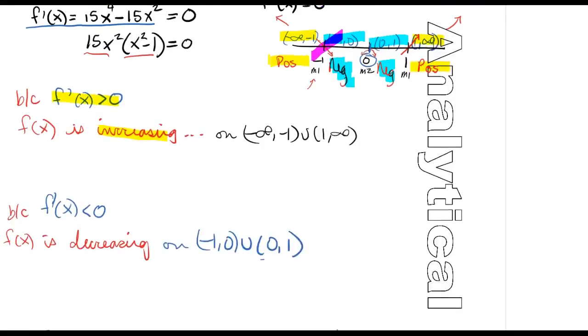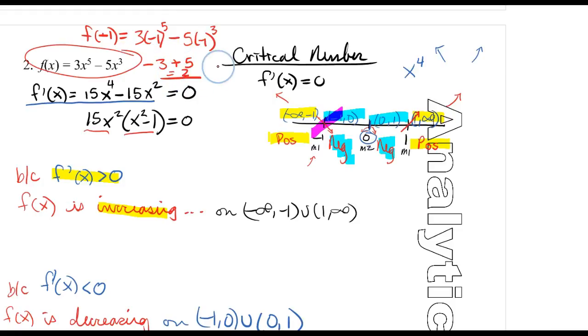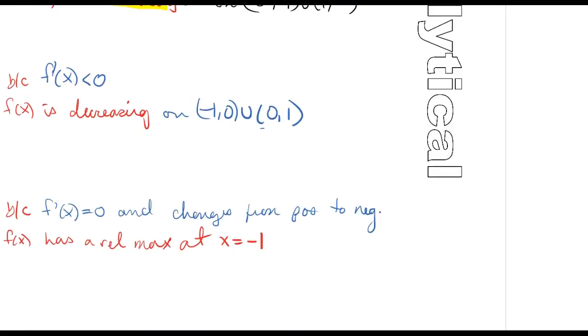And then I need to go back to my original function and find what is my y value there at negative 1. Negative 1 to the 5th, negative 1 to the 3rd gives me negative 3 plus 5 equals 2 for my y value. So at the coordinates negative 1, 2.